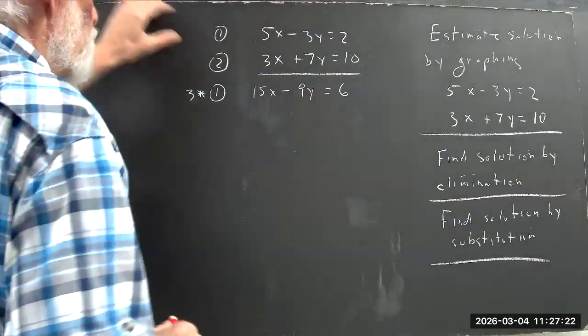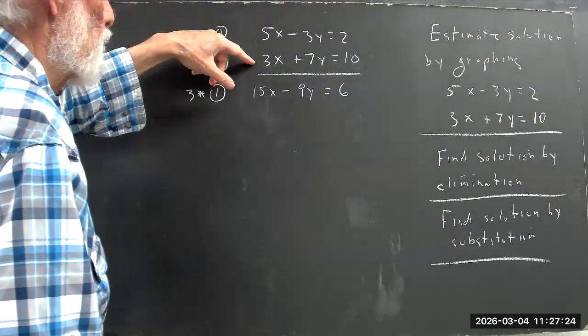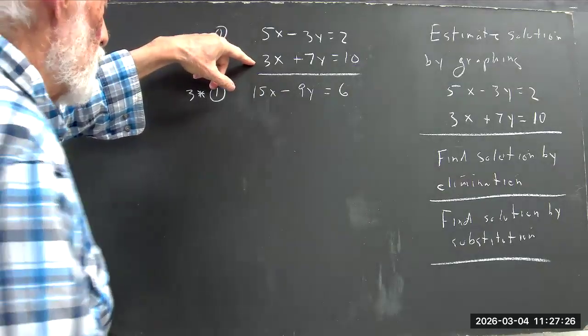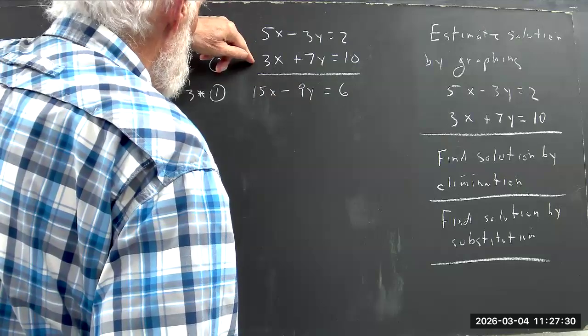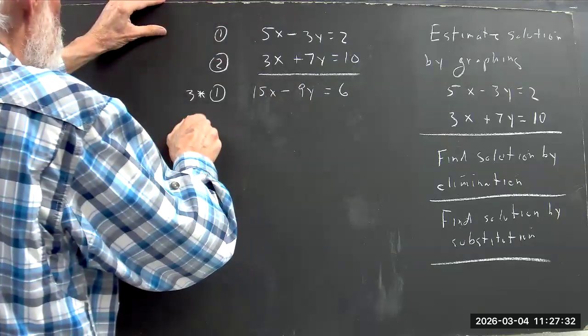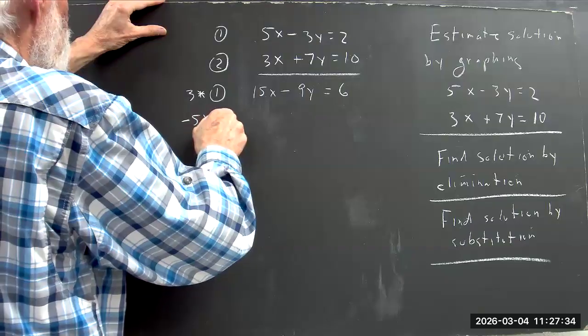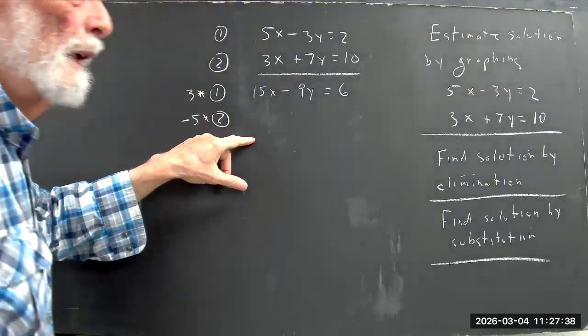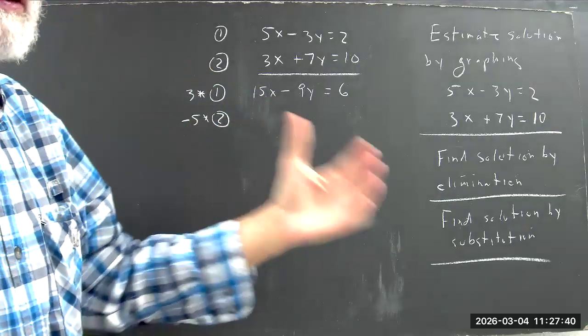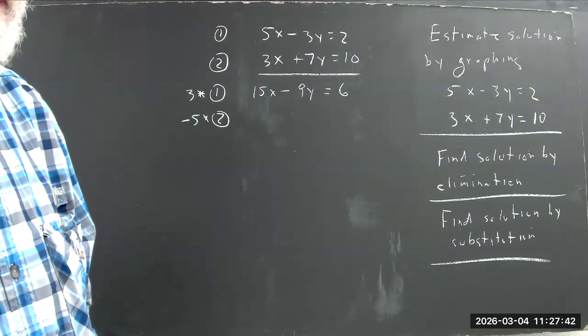Okay, the second equation, we want to match up the x coefficients. So we're going to multiply the second equation by negative 5. Then we have a 15 and a negative 15, so we don't have to worry about subtracting negatives and stuff like that.